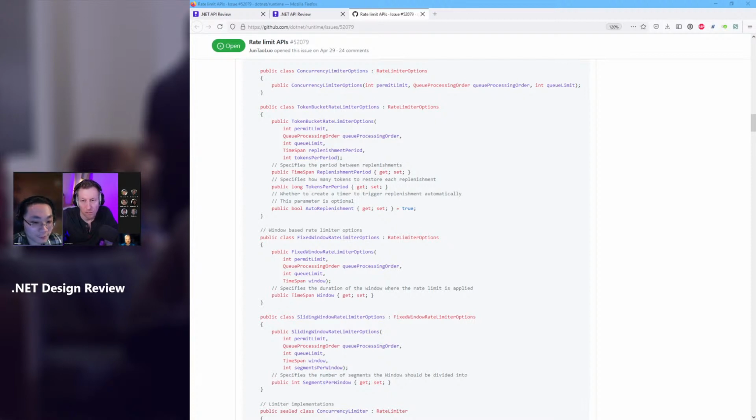Yeah. And then the next part will be kind of interesting with essentially auto replenishment. So the idea is that by default, the implementation should essentially trigger these replenishments by itself. And how we would probably do that is via a timer.